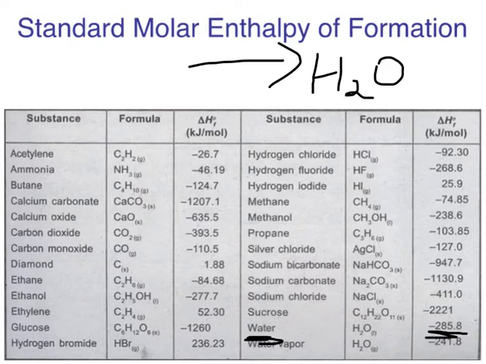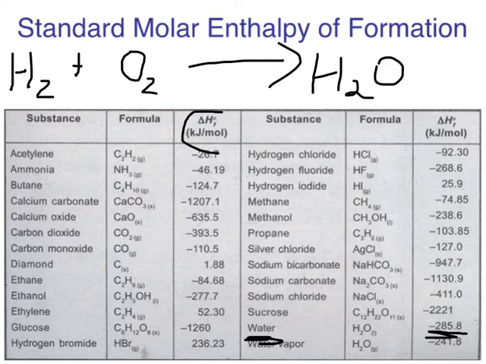Well, its individual elements are this: H2 plus O2. Okay? Now here's the thing with this particular reaction. Because I'm looking for the delta H per mole, I can't balance this equation the way I normally would. So instead, what I have to do is make sure I only end up with 1 mole of my product.